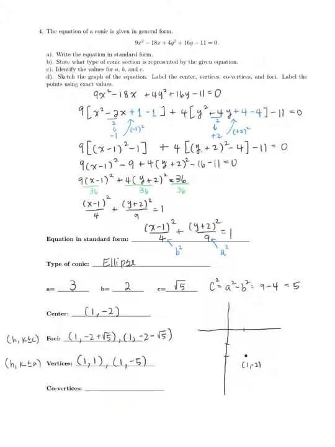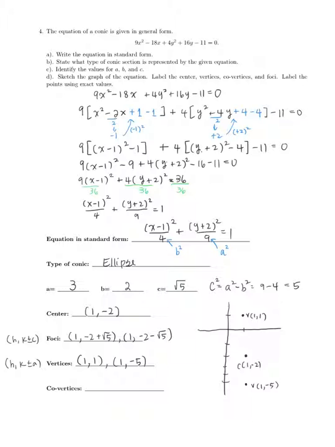So that's our center. Vertices are (1, 1) and (1, negative 5). 1, 2, 3, 4, 5. (1, negative 5).